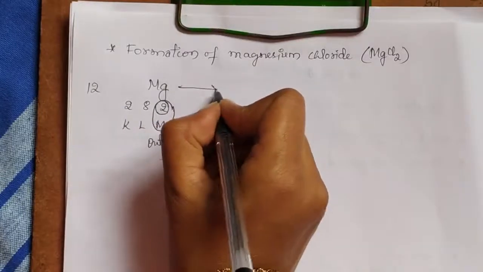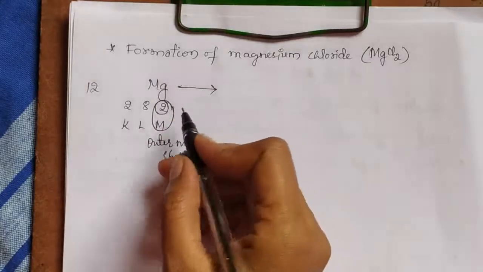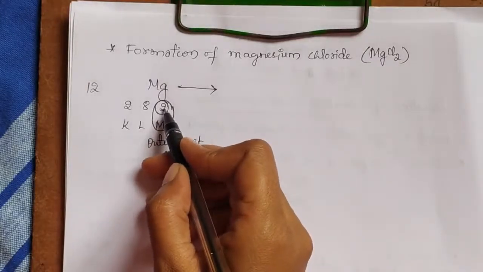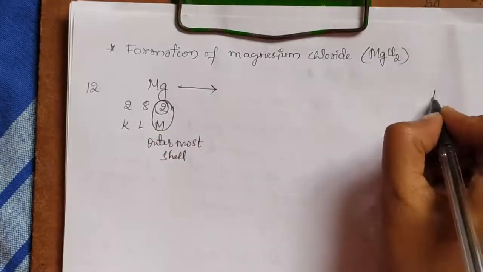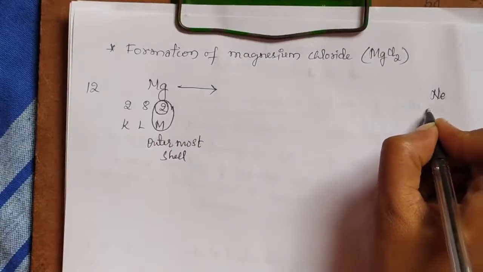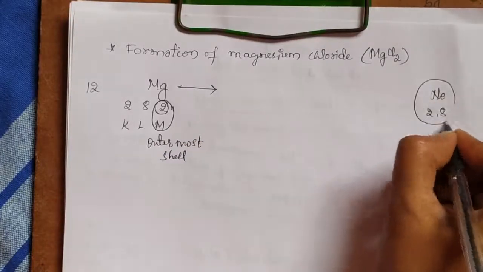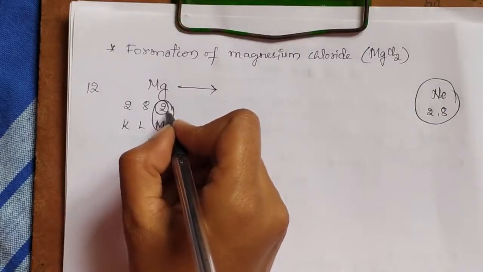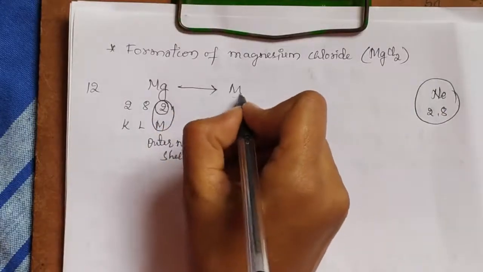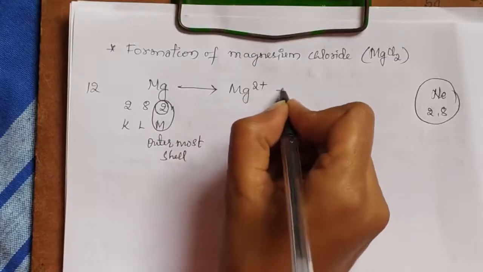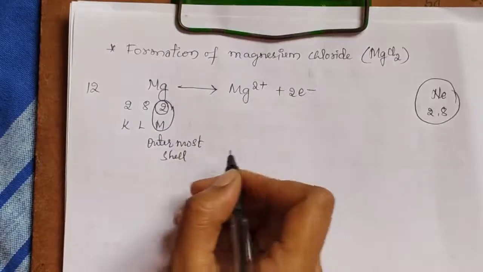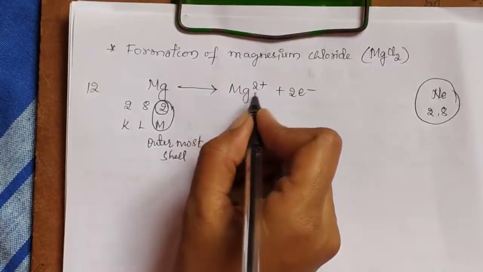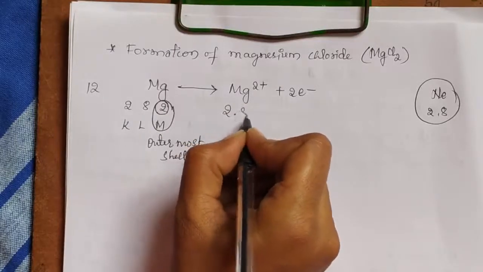Okay, and this magnesium can easily lose these 2 electrons to attain the nearest noble gas electronic configuration, that is helium. Okay, so it can lose these 2 electrons to form a magnesium cation. Now its magnesium cation electronic configuration is 2, 8.